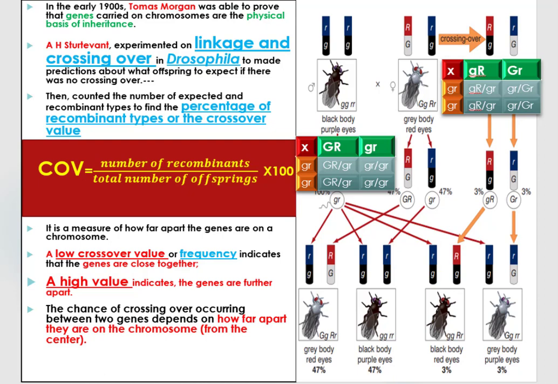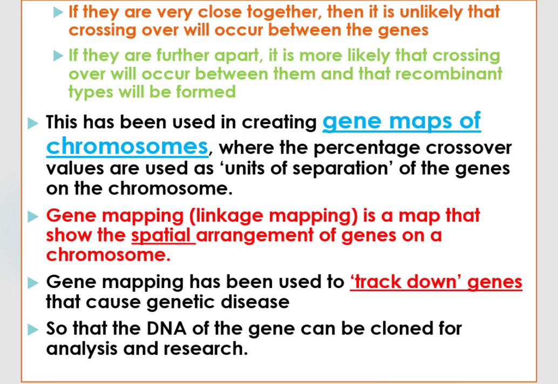So, the chance of crossing over occurring between two genes depends on how far apart they are on the chromosome and hence from the center of the chromosome. If genes are very close together, then it is unlikely that crossing over will occur between these genes.